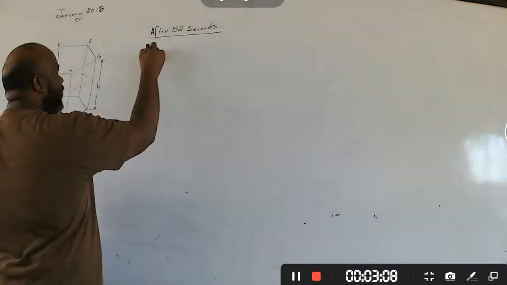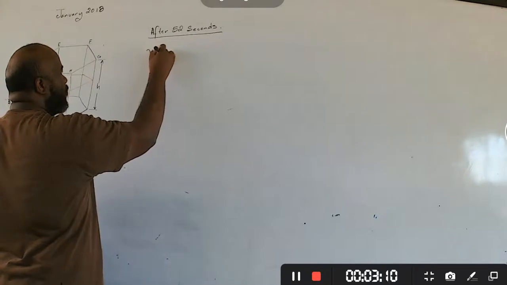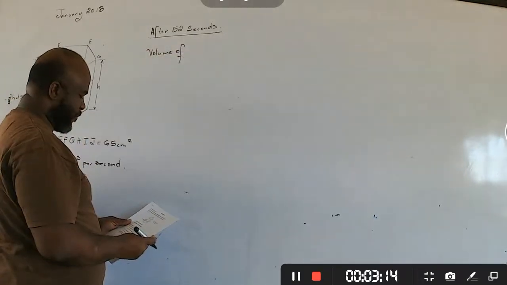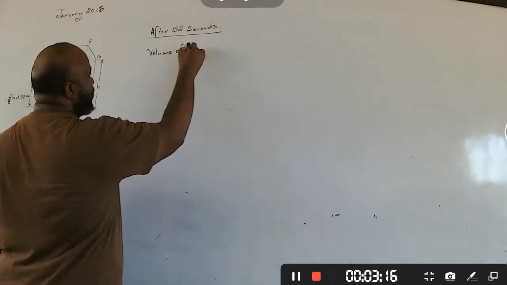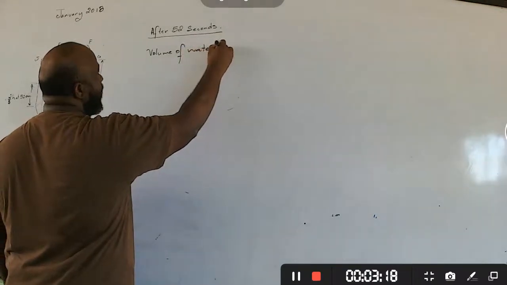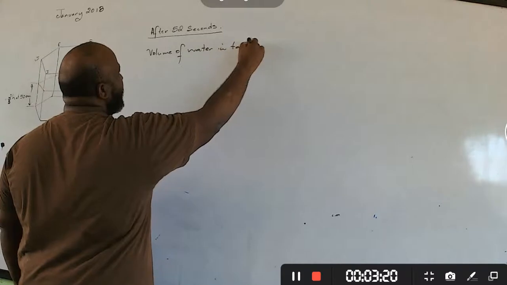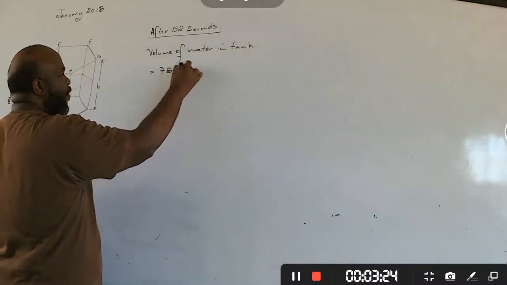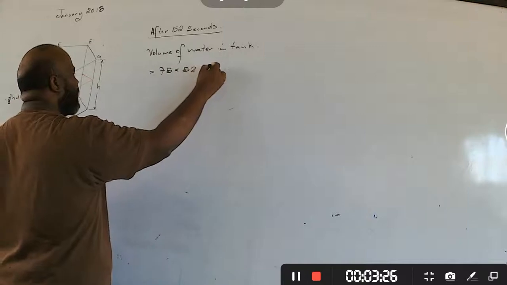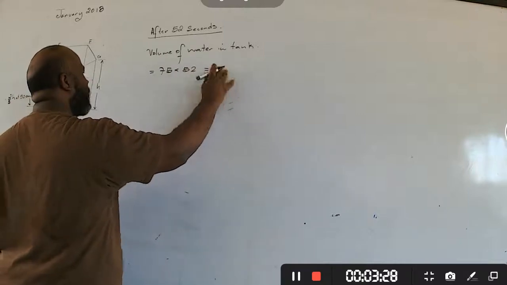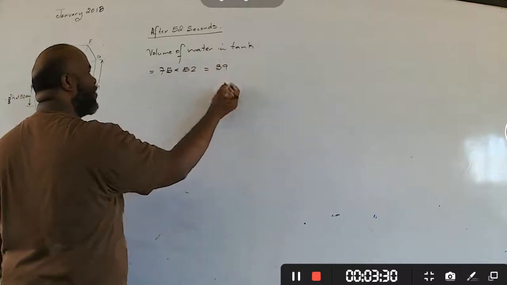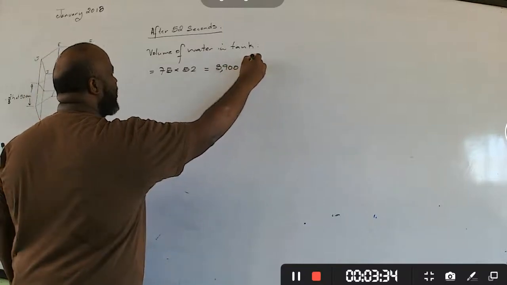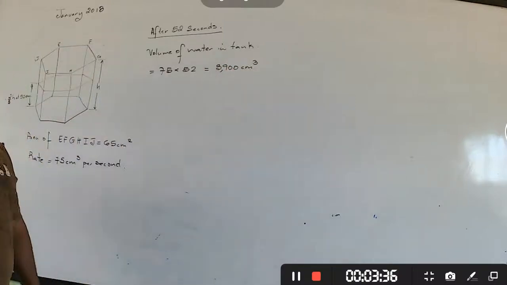So the volume of water in the tank would be equal to 75 multiplied by 52. Multiply and how much do you get? 3,900. And this is in centimeters cubed. Are you with me?